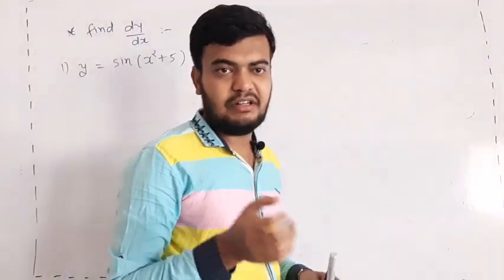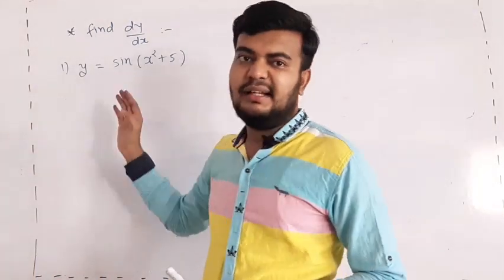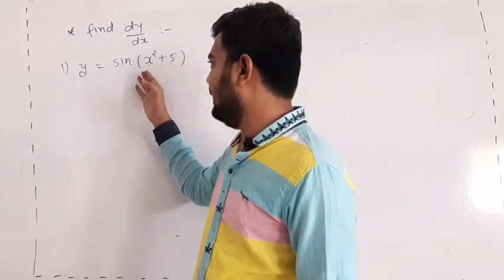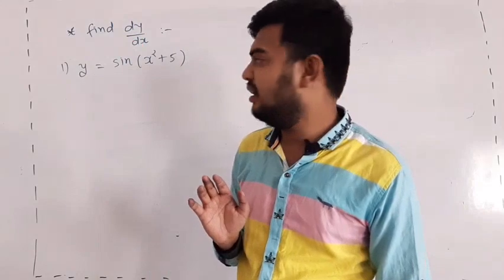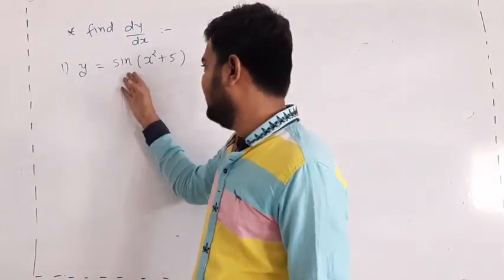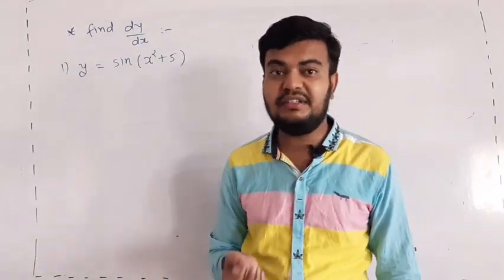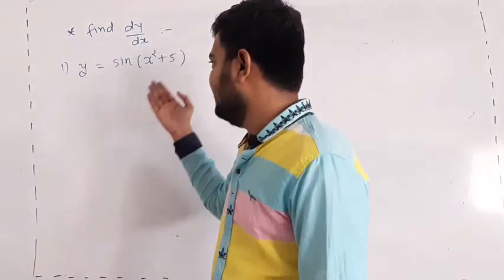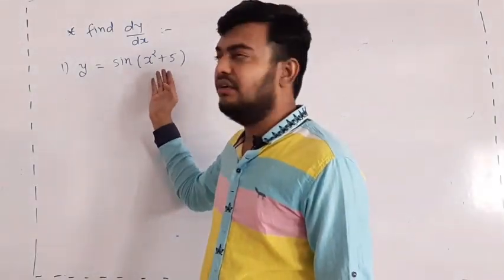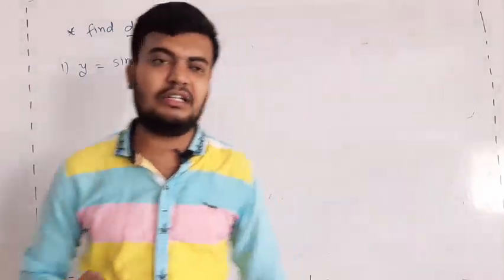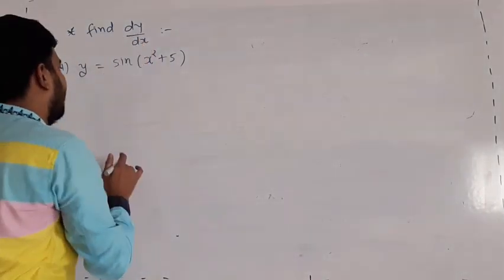So remember one thing, if no standard formula we studied earlier applies, and there is no multiplication rule or division rule, then it is a composite function. It is the chain rule derivative. Okay beta, so y is equal to sine of x square plus 5 and find dy by dx.